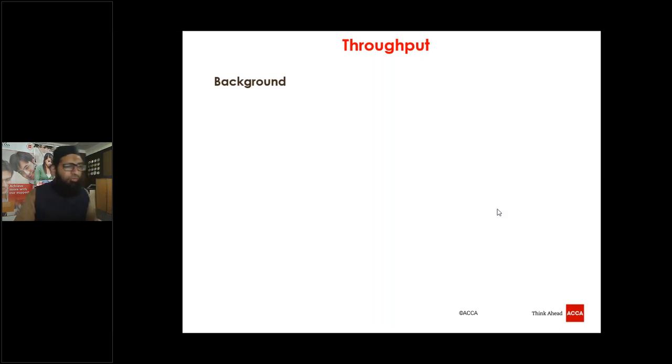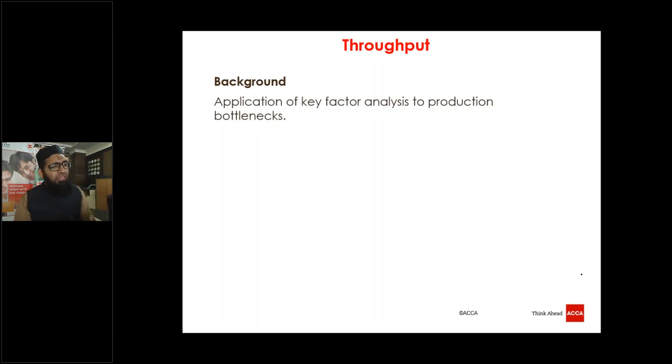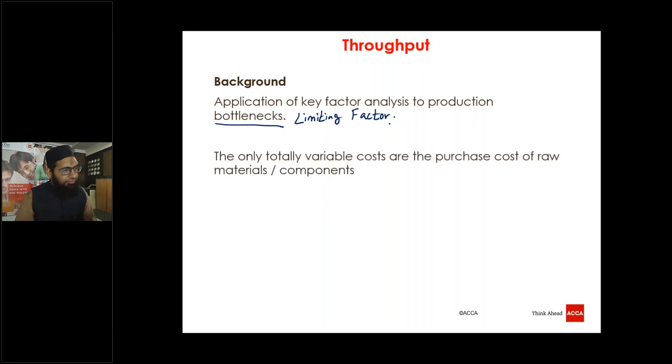Now, what is the background of throughput? The background of throughput was the application of key factor analysis to production bottleneck. And production bottleneck means limiting factor. So the background over here is the limiting factor analysis.